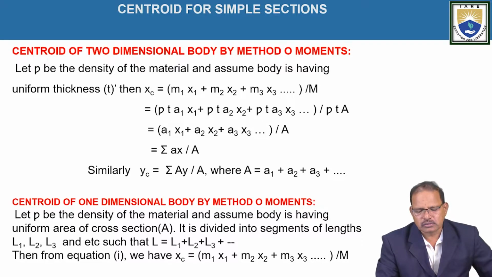Similarly, m2 x2 is equal to rho t a2 x2, m3 x3 is equal to rho t a3 x3, and so on. The total mass is equal to rho t into A, where A represents the total area of the object. Since rho t is common in both the denominator and numerator, the simplified equation is xc equal to sigma ax divided by A. Similarly, yc is equal to sigma ay divided by A and so on.